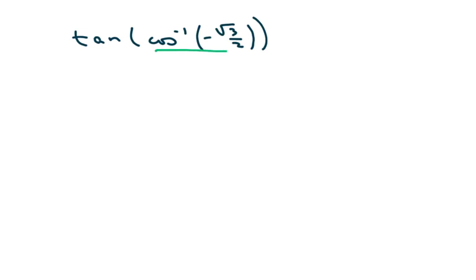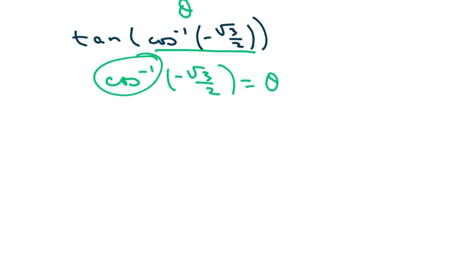Okay, the next one, we're going to look at this. This is our angle. So we set this to our angle, and then move this over and take away the inverse part. So we know our angle has to be in quadrant 1 or 2.